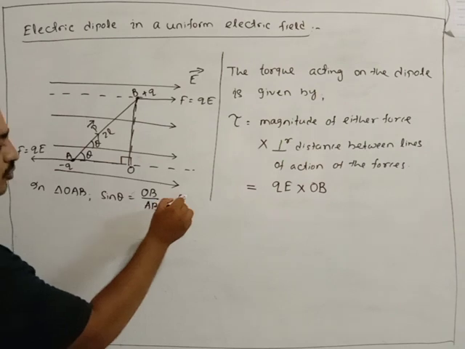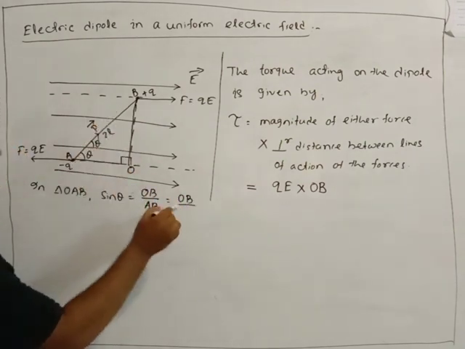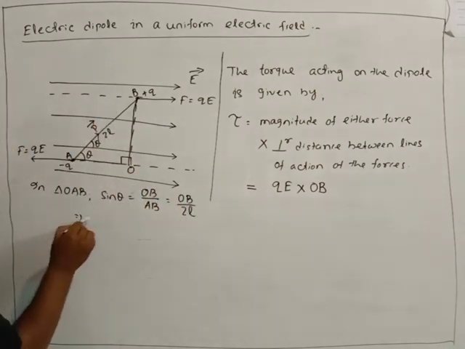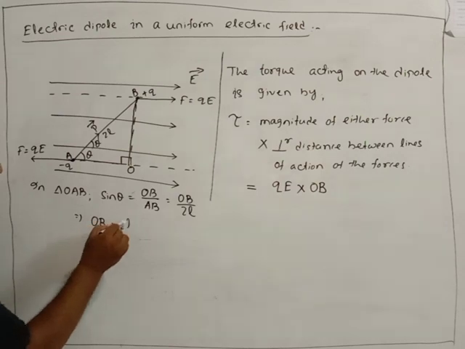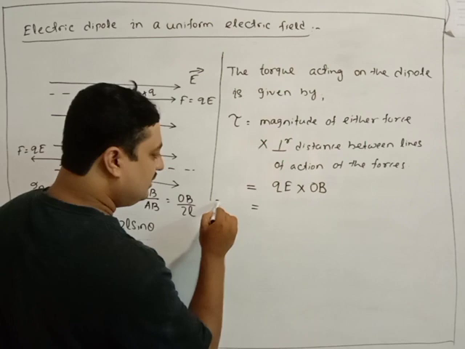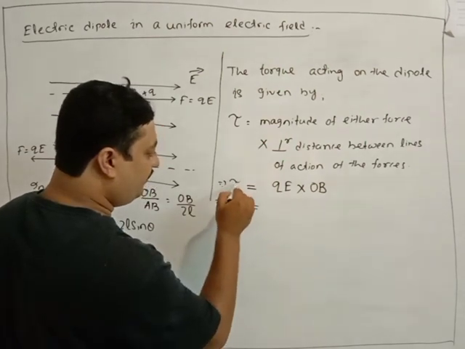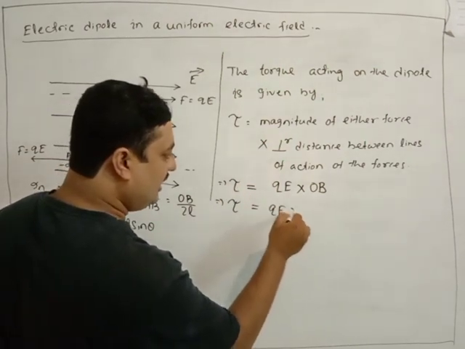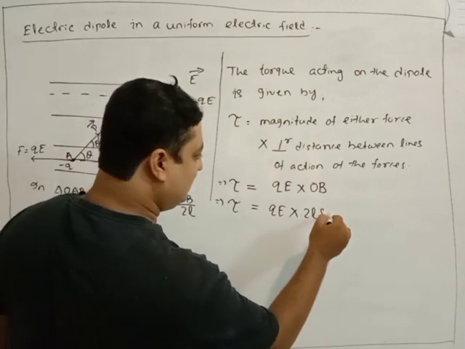AB is 2l, that implies OB equals 2l sin theta. Now substitute here. That implies torque will be qE into 2l sin theta.